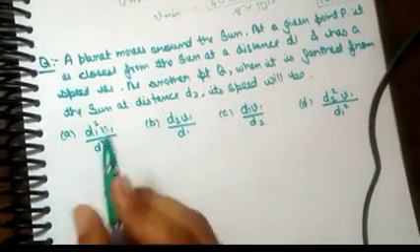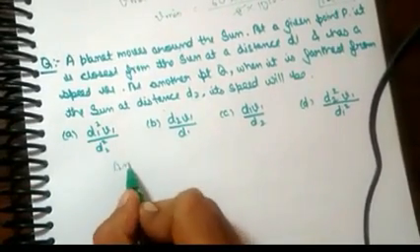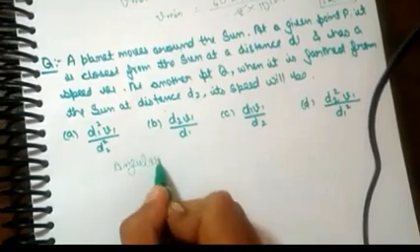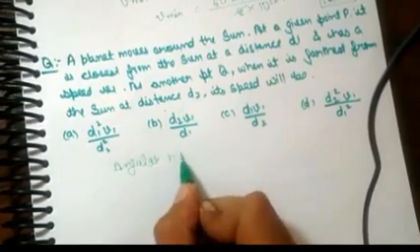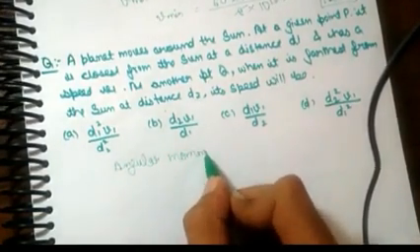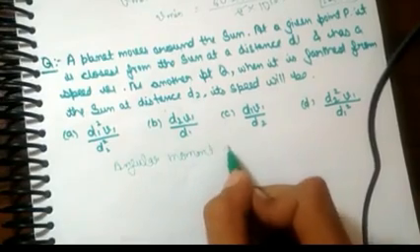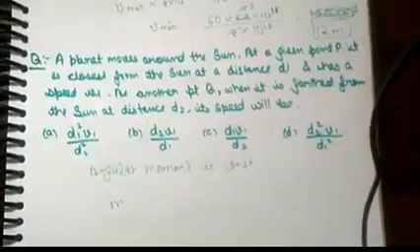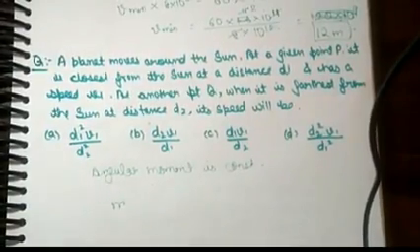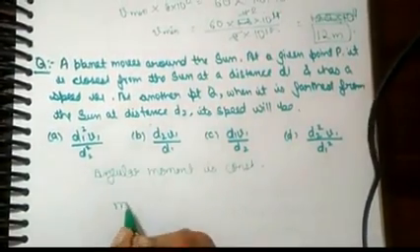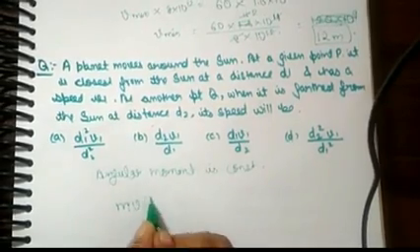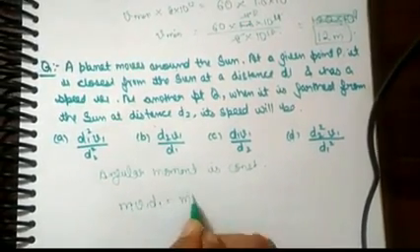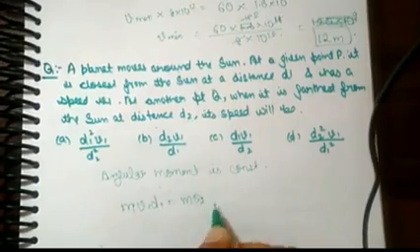So what we have to write is that we know angular momentum in such questions will always be conserved. Momentum is constant or conserved. So here we simply know the formula, that is m v1 d1 is equal to m v2 d2.